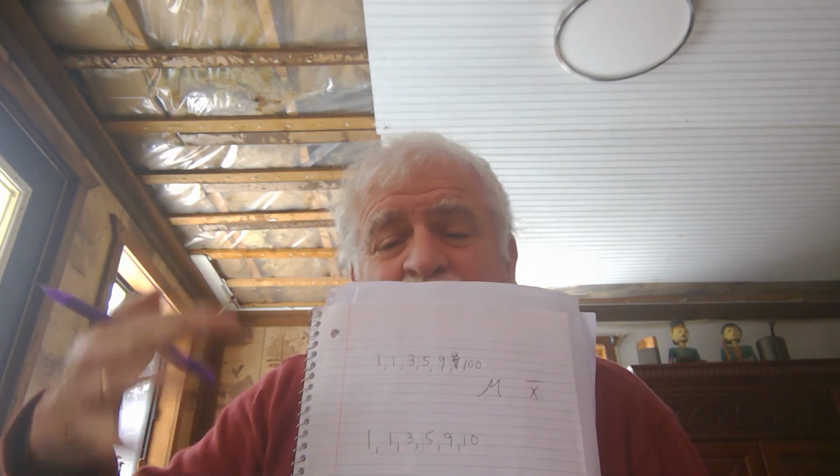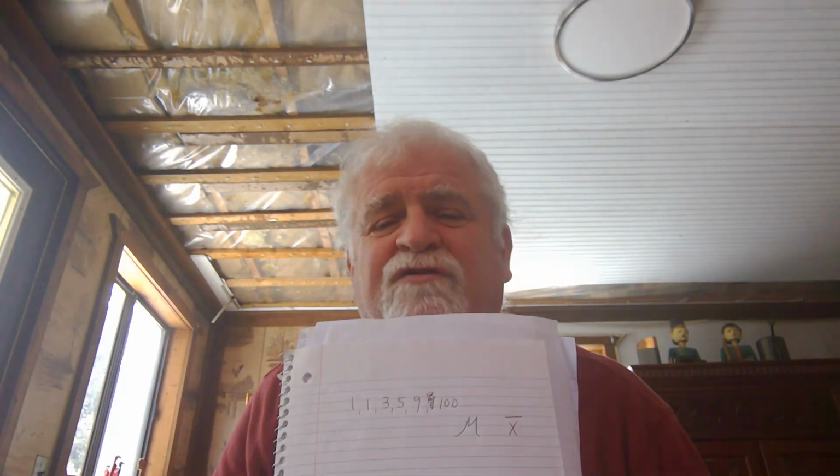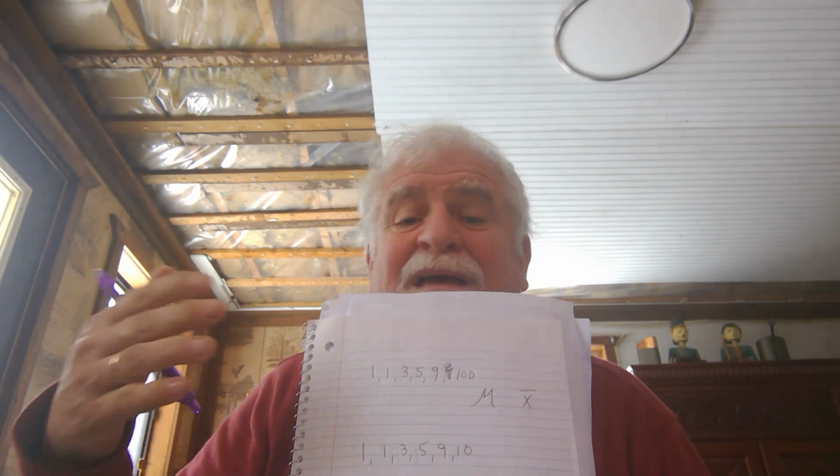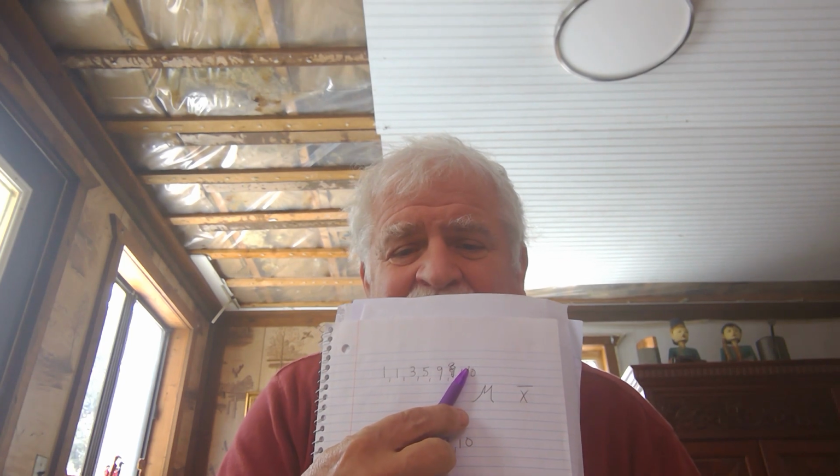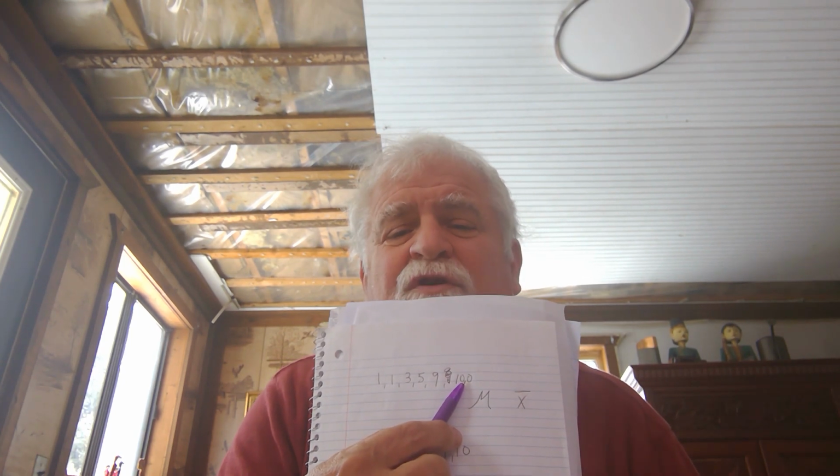So as we go through this beginning of the course, I'm talking about different measures. We'll always talk about, are they resistant or are they not resistant? Because if you have outliers in data, your best measure for the center is the ones that use resistant measures. Okay, so in this case, my best measure of center is the median.